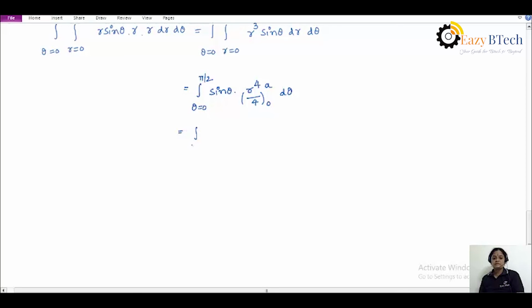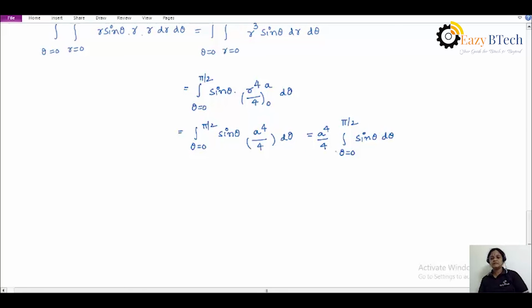Okay, integration theta is equal to 0 to pi by 2 of sin theta, substituting the upper limit, a power 4 by 4 into d theta. Because the lower limit is 0 here, a power 4 by 4 is a constant. Then theta from 0 to pi by 2, sin theta d theta.